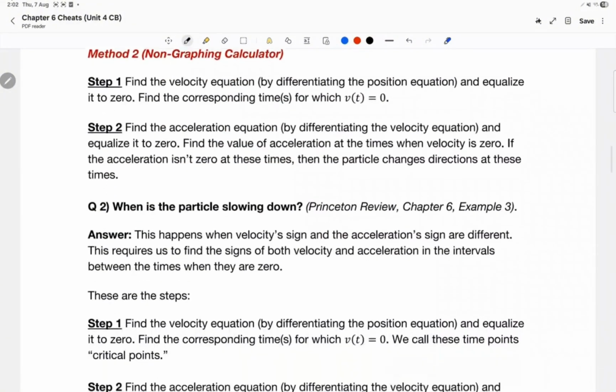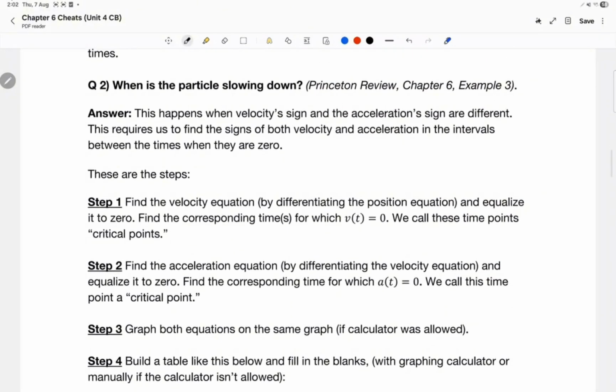Now, when is the particle slowing down? Guess where this came up? Princeton Review, Chapter 6, Example 3. The particle slows down, and also AP, when the sign of the velocity and the sign of the acceleration are not the same. One is positive, one is negative. Okay?